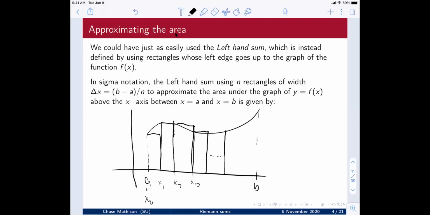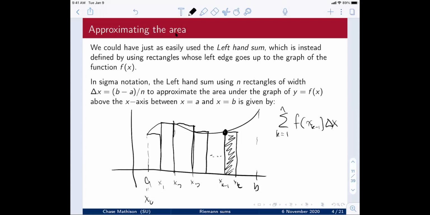So here's a general rectangle. This is xk minus 1, xk. Now instead of using the right edge, we're using the left edge, right? So one way you could write it is as the sum k equals 1 to n of f of, now for this general rectangle, I'm coming up to the left endpoint. So that's f of xk minus 1, and then times delta x.